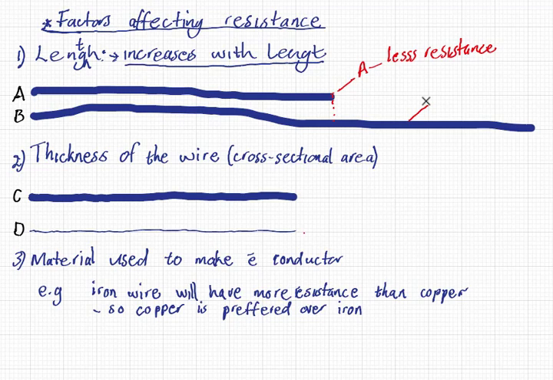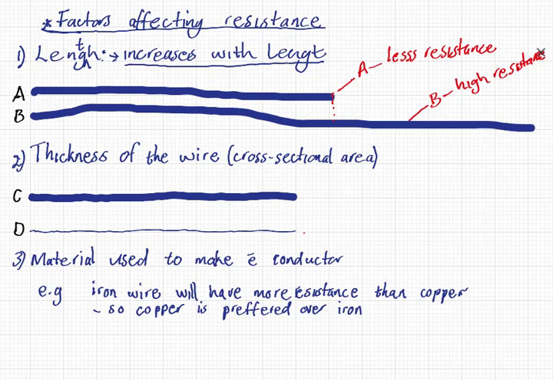Then B, which is longer than A, will have high resistance. So that's how resistance is dependent on length. The longer the wire, the higher the resistance. The shorter the wire, the lower the resistance.